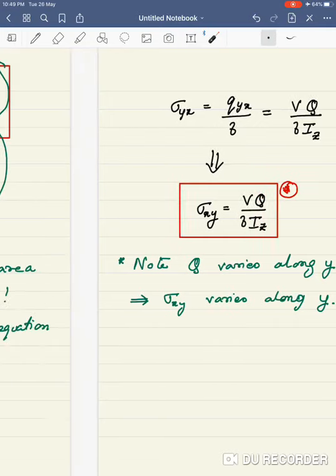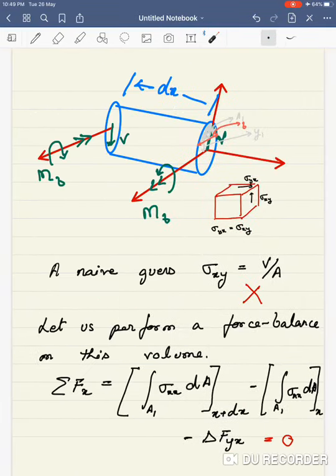So if Q is 0 at the very edges, the shear stresses are actually 0. It's actually 0 even for the other side.